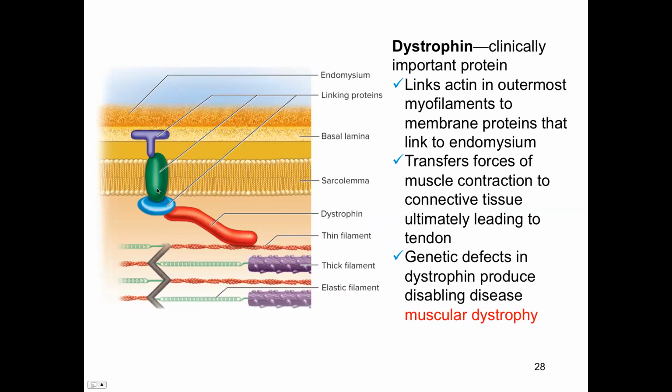So this anchors the cell, including the filaments, to the endomysium, so that this is all aligned perfectly. Now, if there's a breakdown of that, a genetic defect or an autoimmune breakdown of dystrophin, that then causes muscular dystrophy, or muscle weakening.